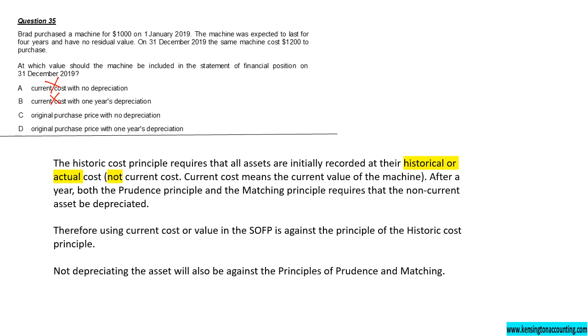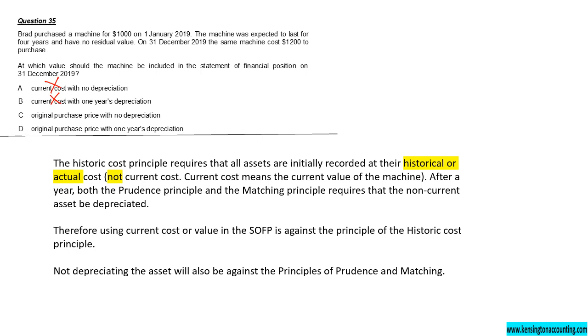A machine obviously loses its value, therefore it is correct that the value shown in the balance sheet is less than the original cost. The matching concept also requires that if a machine has contributed to generating income and revenue, then part of the cost of that machine should be charged to the income statement to match against the revenue, otherwise the revenue and profit will be overstated.